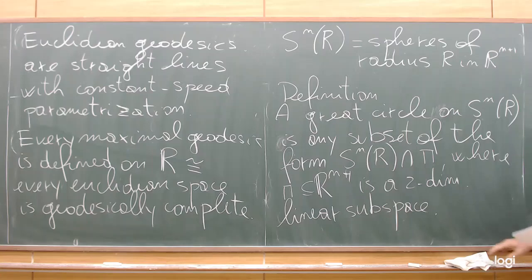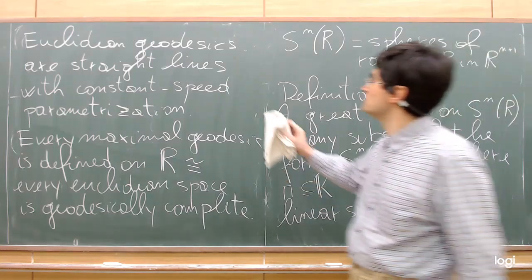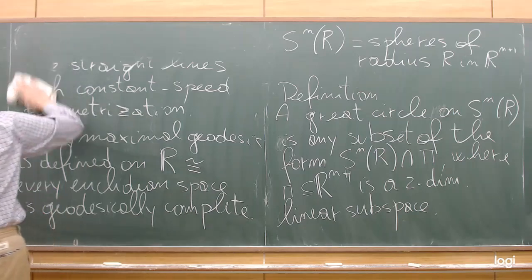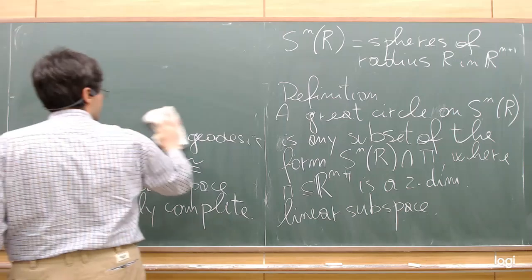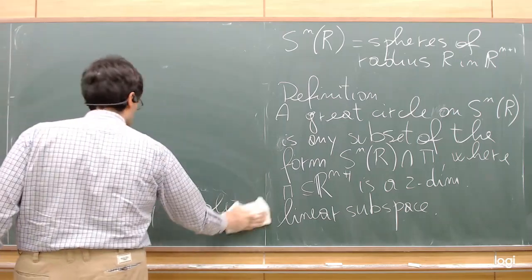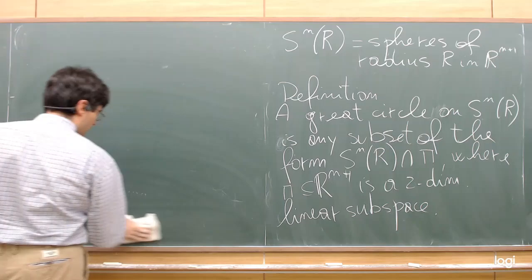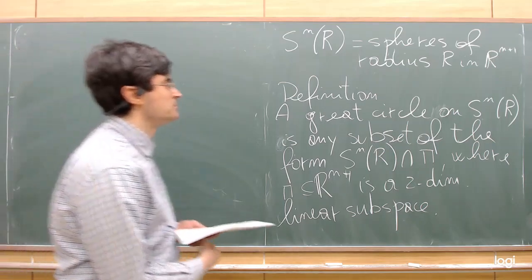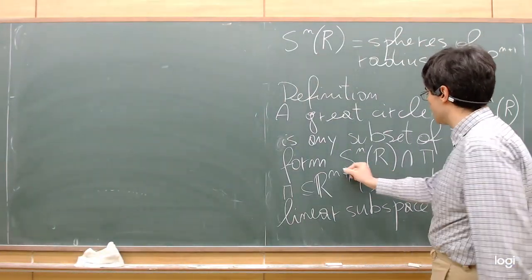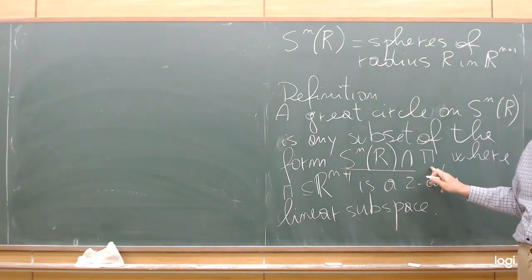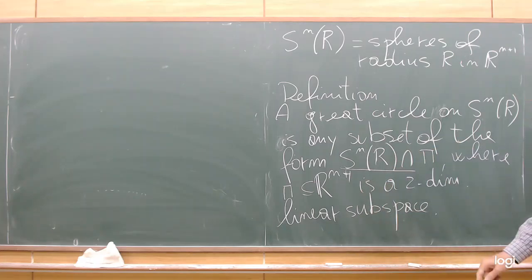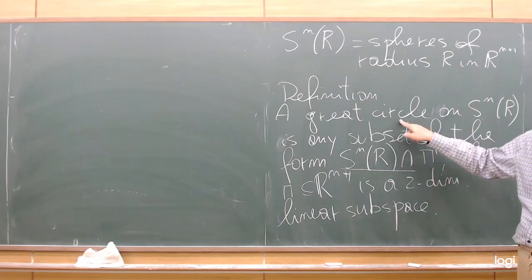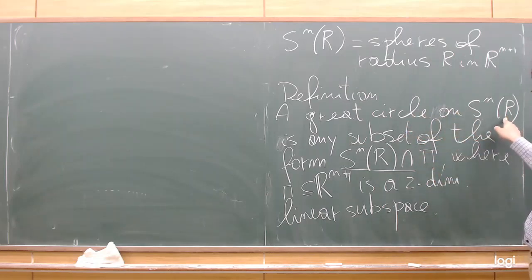So this means that a great circle is the intersection of S^n_R and a two-dimensional plane passing through the origin of R^(n+1). This means that a great circle has a radius equal to R.